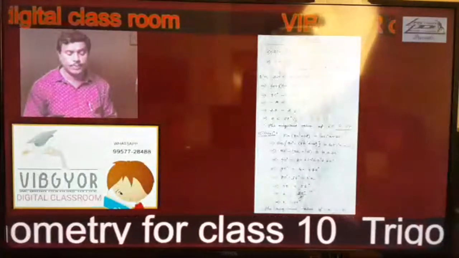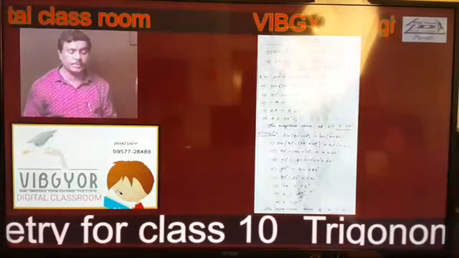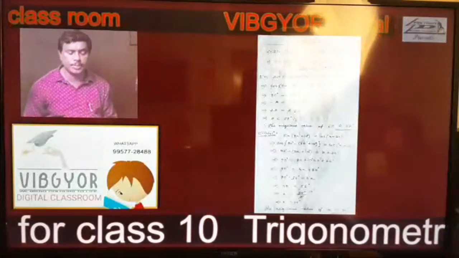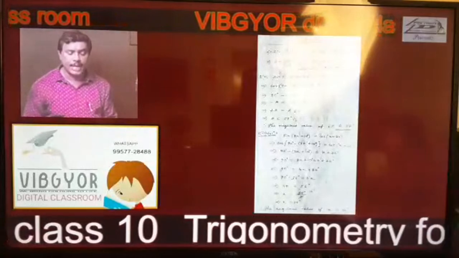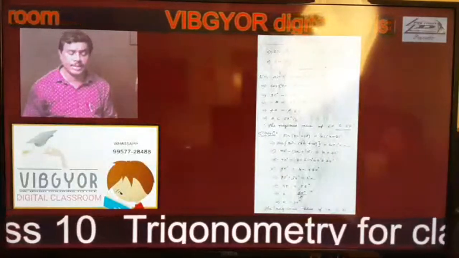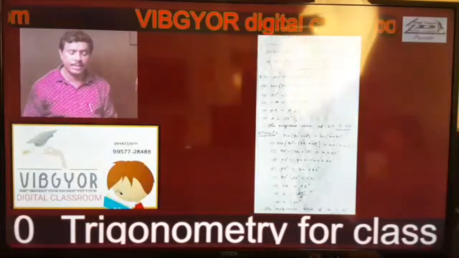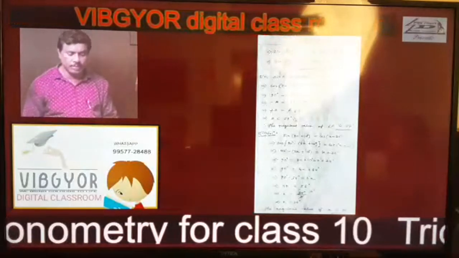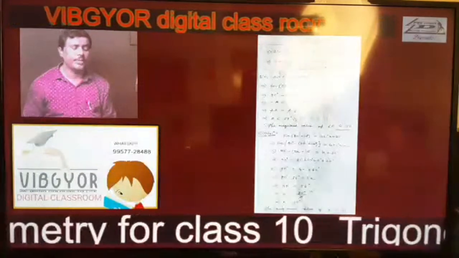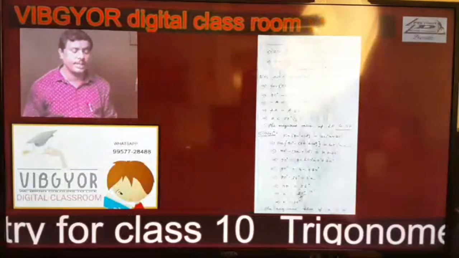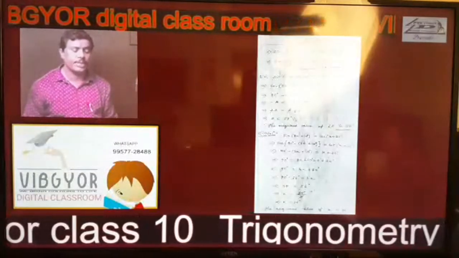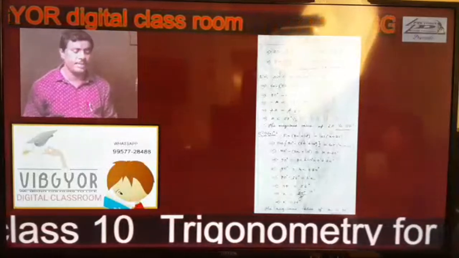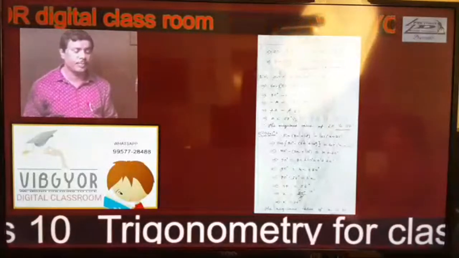Next we are going to solve exercise 8, question number 2. If sin A is equal to cos 33 degrees, A is less than 90 degrees, find the value of A. In place of sin A, we write cos of (90 degrees minus A). On the right-hand side cos 33 degrees is already there, so we remove cos from both sides.